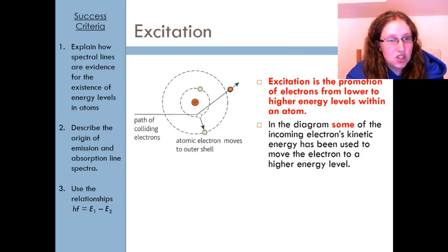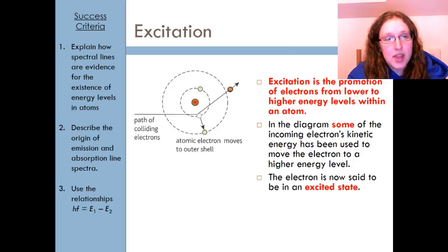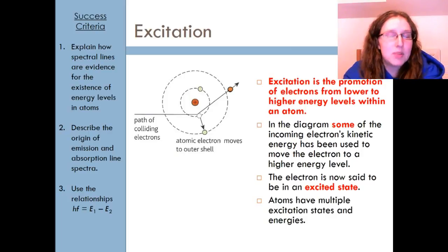And that's just used some of the kinetic energy from that incoming electron to do that. So we would then describe this electron here as being in an excited state. Now, atoms have multiple excitation states, so there are multiple places I can move the electrons, and there are multiple electrons I could move, and they have different energies.